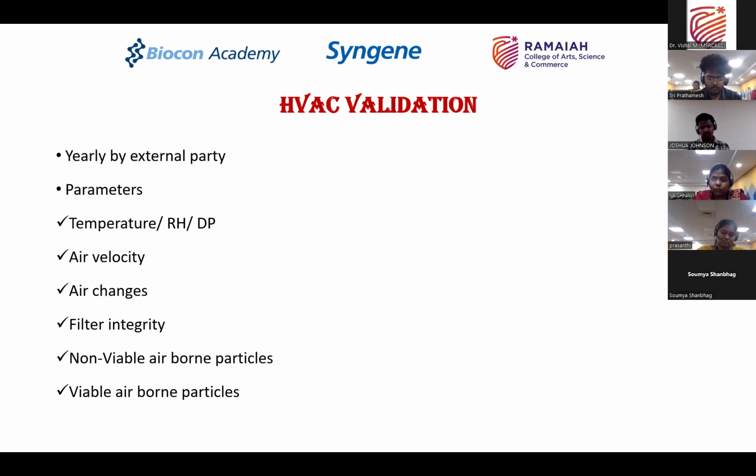HEPA filters are used for filtration of the air, and in the laminar airflow area also, to maintain the sterile air condition. To check the integrity of those filters, once a year it has to be validated. Then non-viable airborne particles and viable airborne particles. These are all parameters which have to be checked during the HVAC validation in industrial processes.